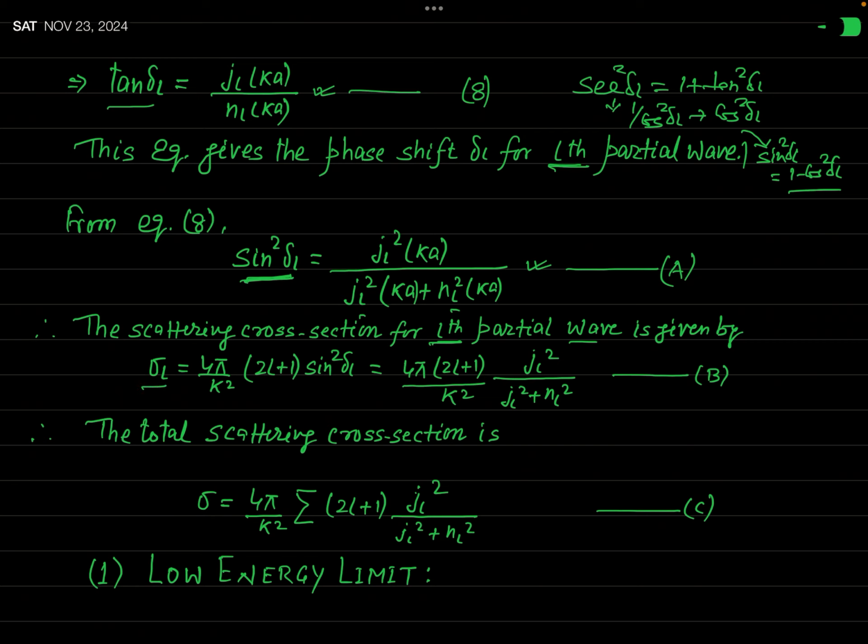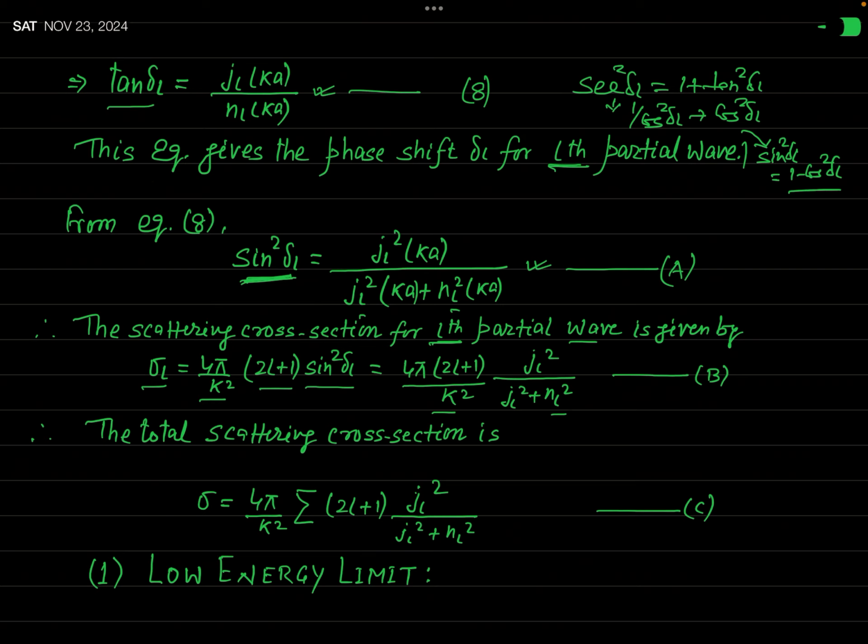So sigma L, which represents the scattering cross section for the Lth partial wave, is given as 4 pi over k square times 2l plus 1 times sine square delta L. As we have already obtained the value of sine square delta L, this is 4 pi times 2l plus 1 over k square times JL square over JL square plus NL square.